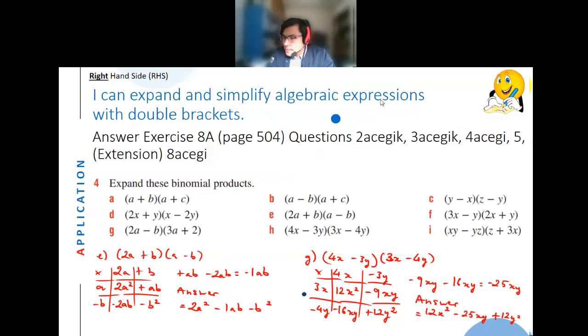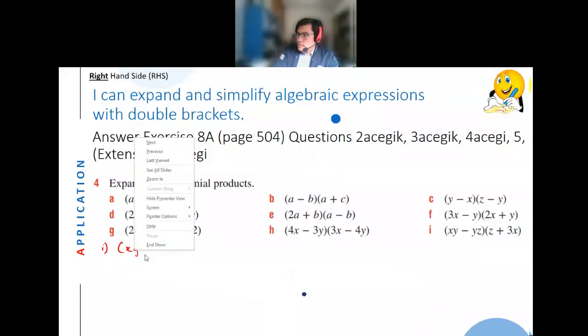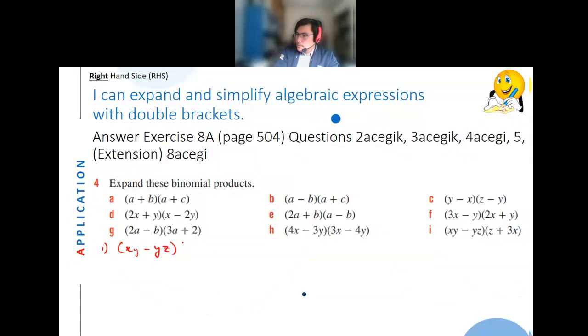All right, and finally we have I. So we have xy minus yz times z plus 3x.